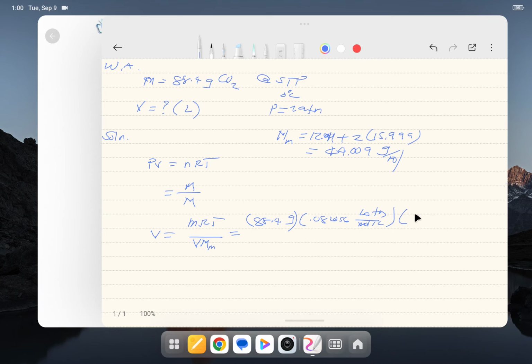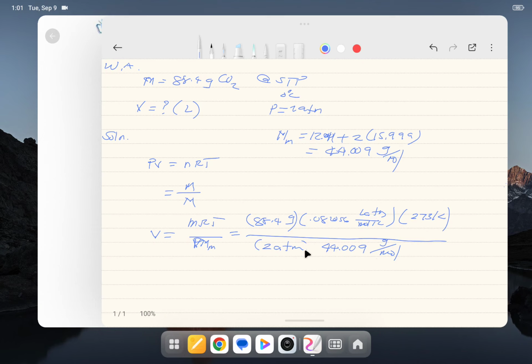That would be 0 degrees Celsius plus 273, which is automatically 273 Kelvin. And then the pressure, because we're calculating the volume. The pressure is 2 atm, and finally our molar mass is 44.009, unit gram per mole.